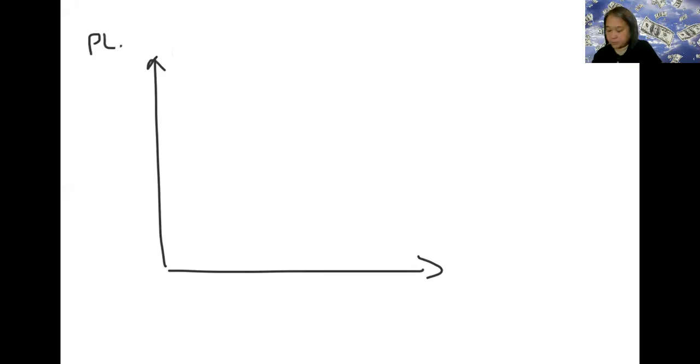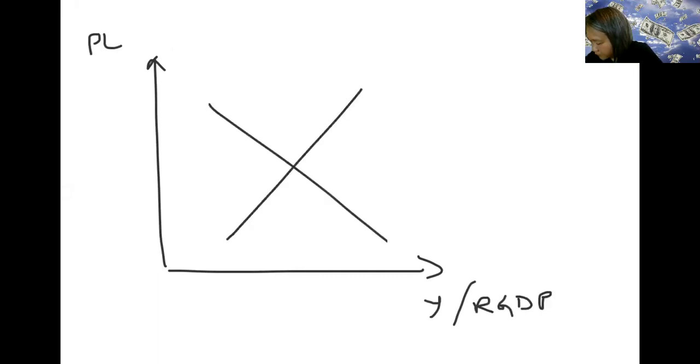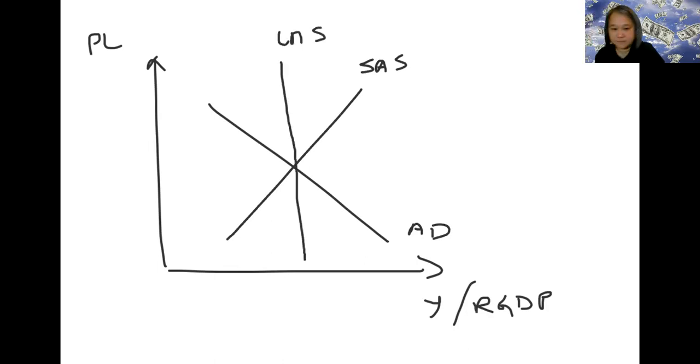We have our price level, we have our Y real GDP, and we're going to start off with our long run equilibrium of P star and Y star.